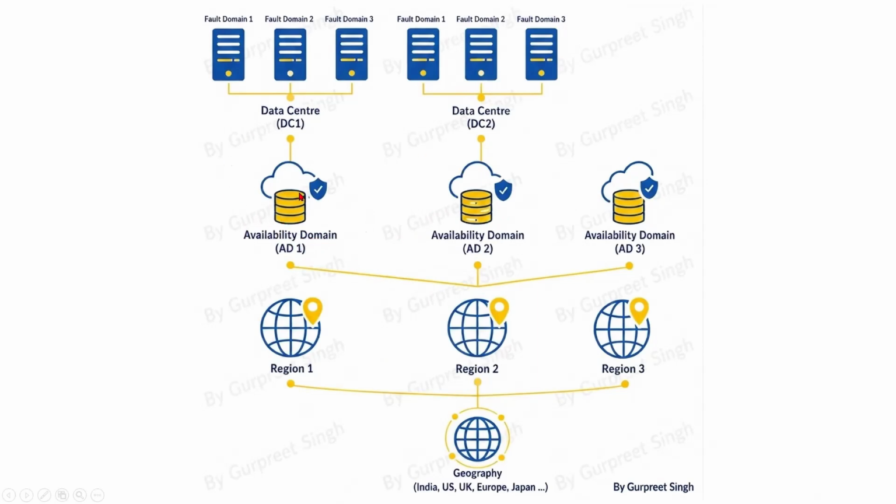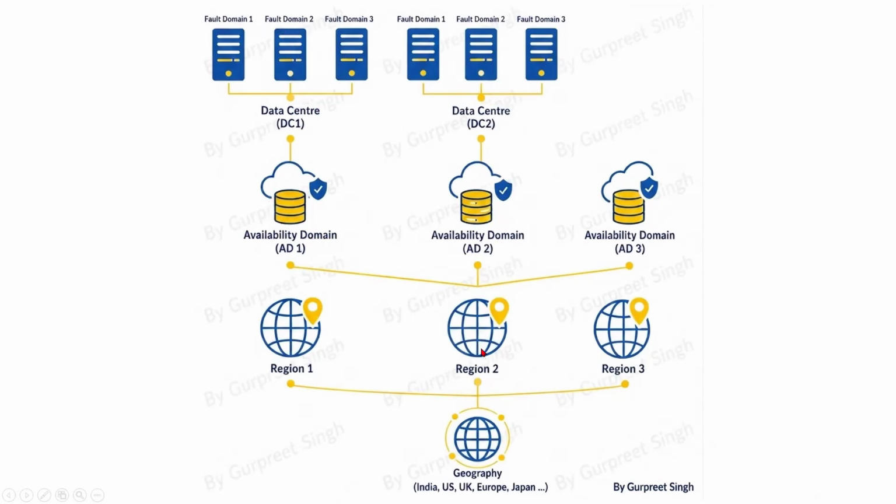Within one availability domain, we have three fault domains. Each availability domain will have three fault domains. These are the logical grouping of the data centers. The availability domain is the physical data center, and this is the logical grouping within each AD.